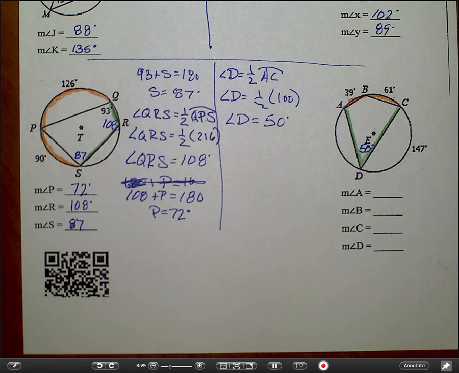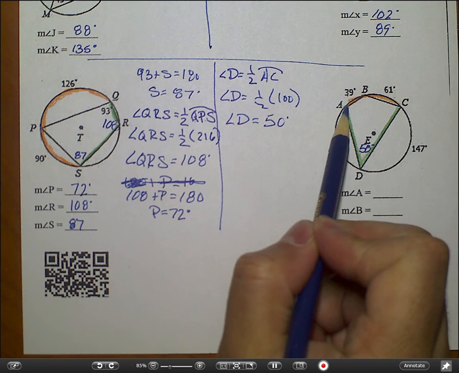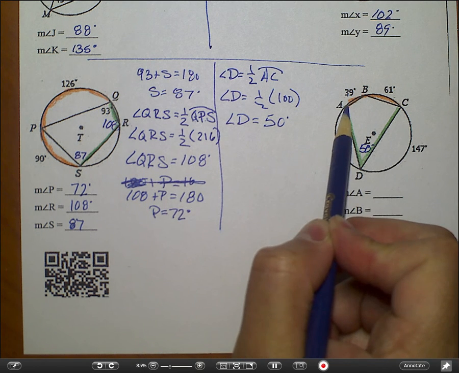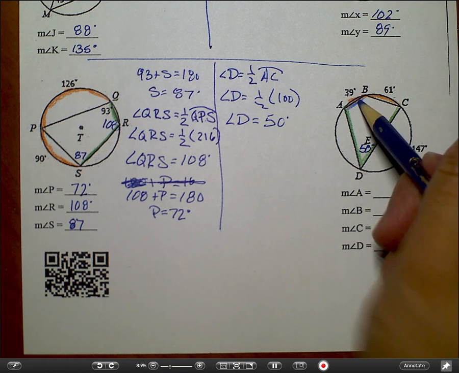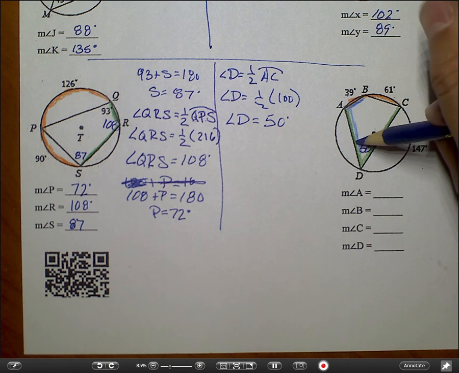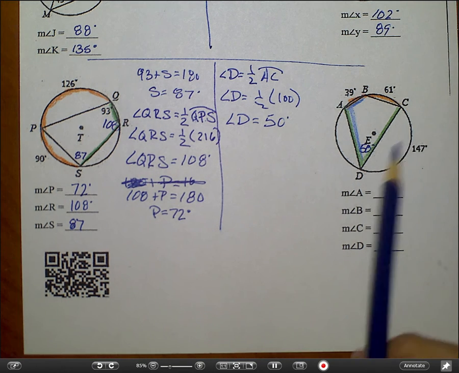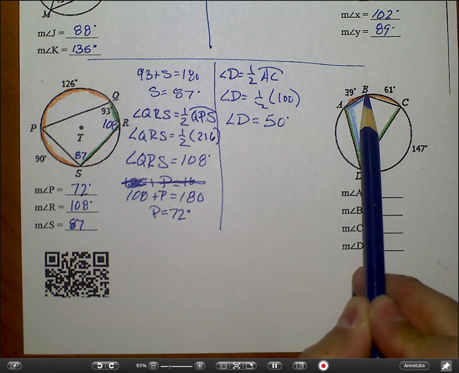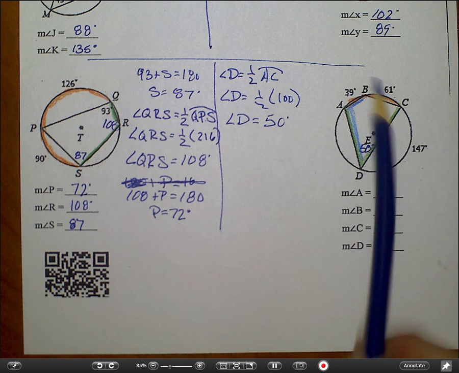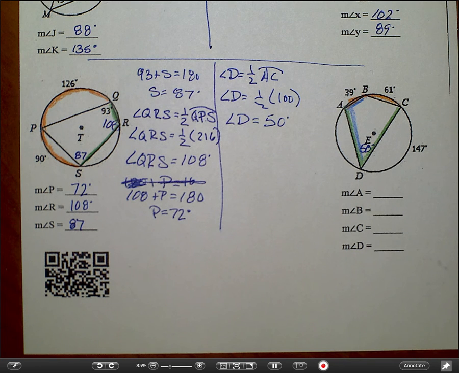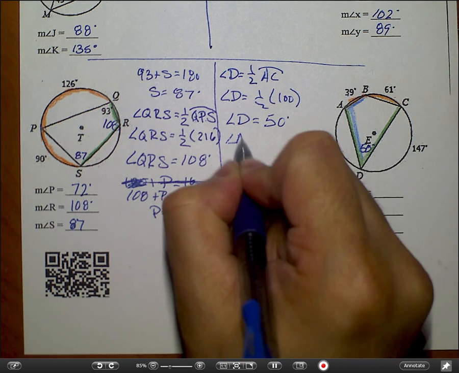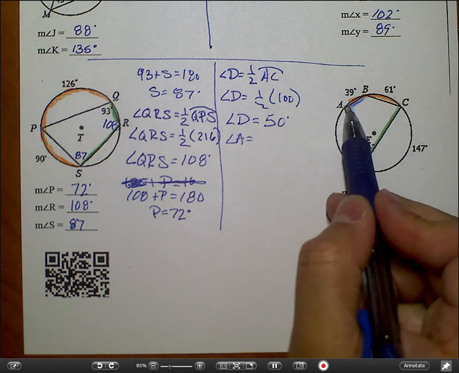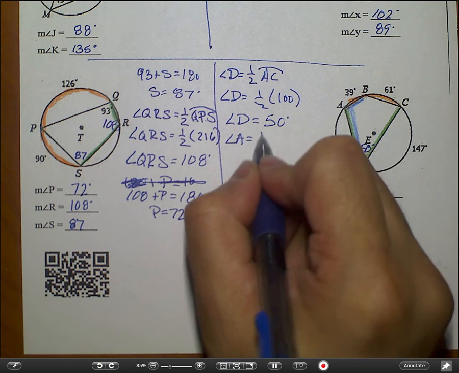Now, we're going to do the same thing again, but this time I'm doing it from a different side. I'm going to look at angle A here, right? Angle A has endpoints where? D and B, right? So angle A should equal, since this is inscribed, 1/2.